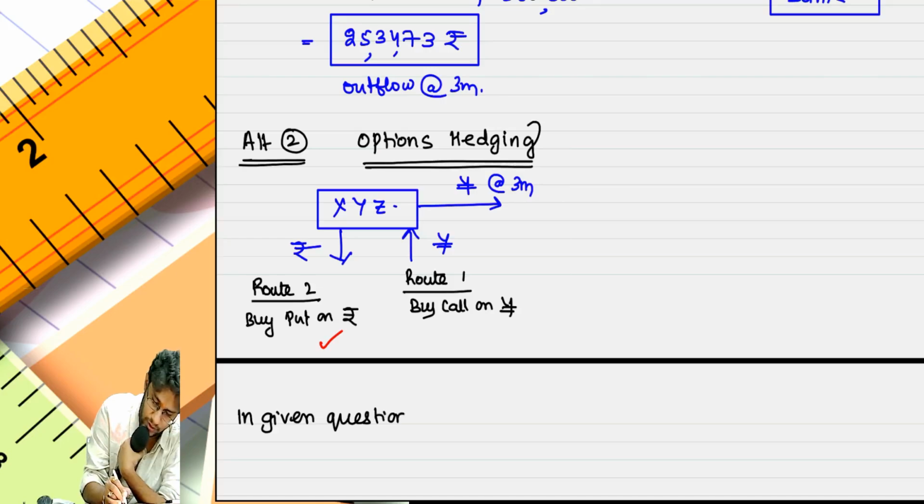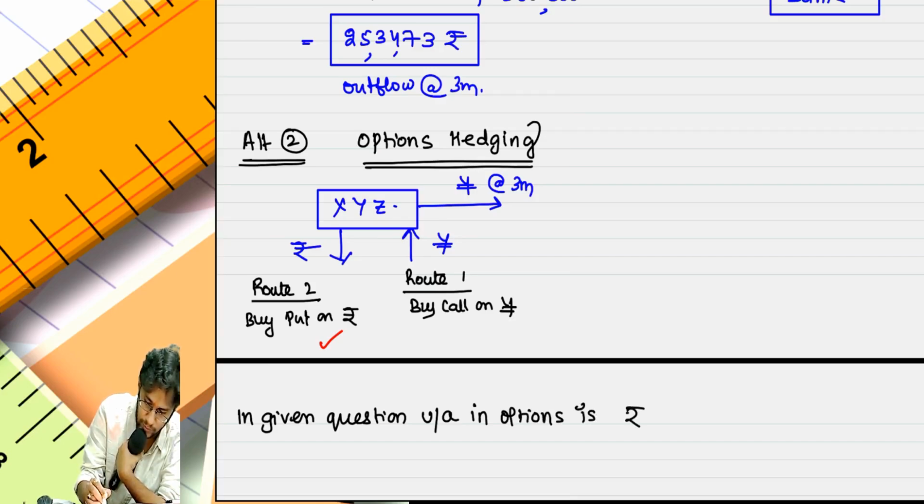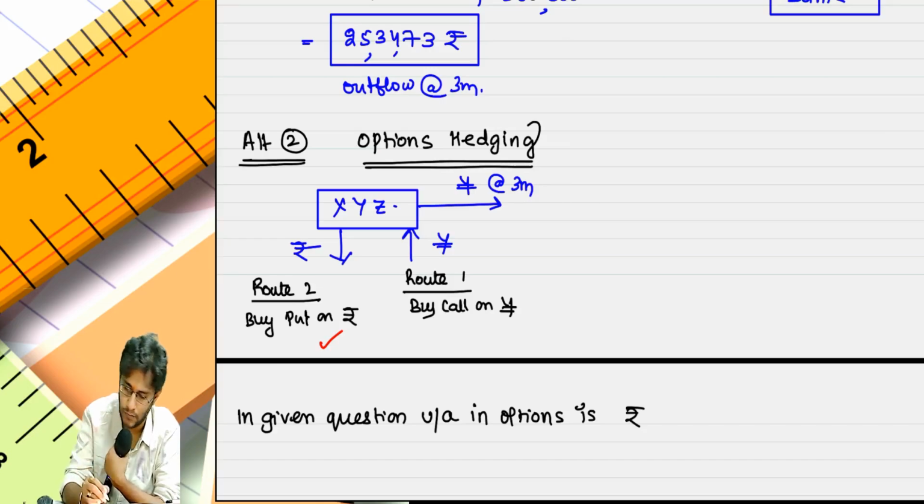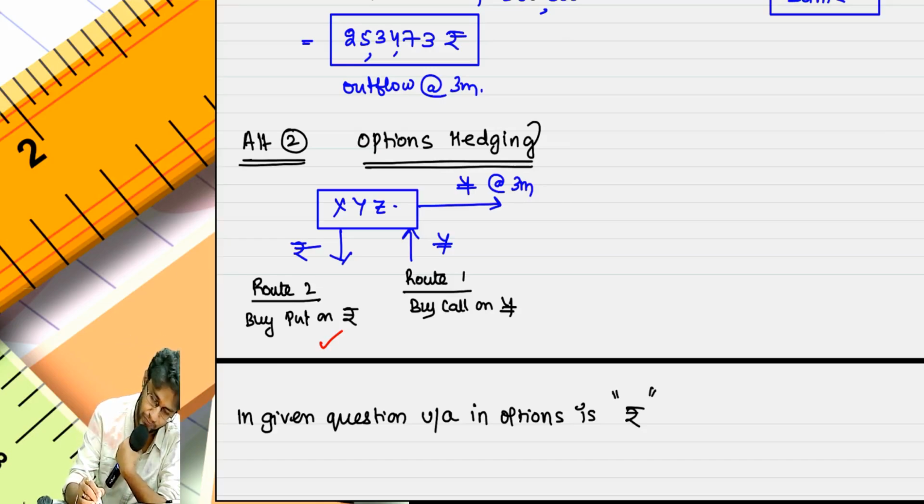In the given question, the underlying asset in the option is rupee. Premium is in yen currency.